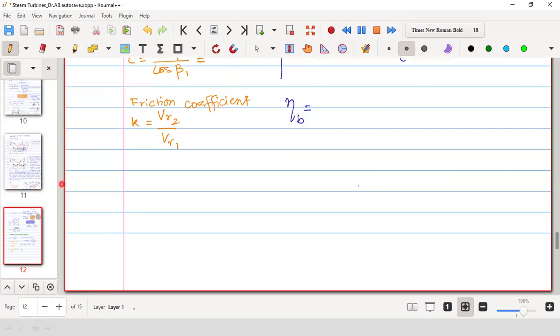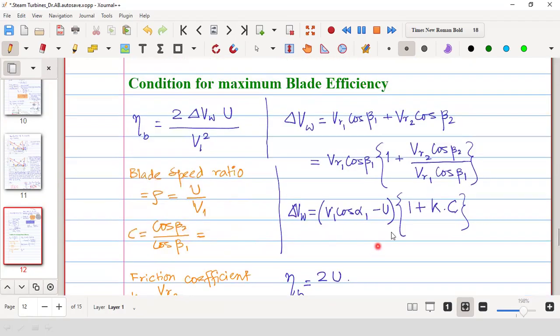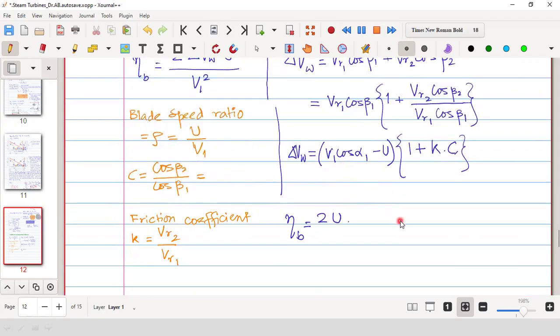Therefore, simply 2 U into delta VW, that is this one, divided by V1 square. So delta VW we can write here V1 cos alpha 1 minus U multiplied with 1 plus KC.